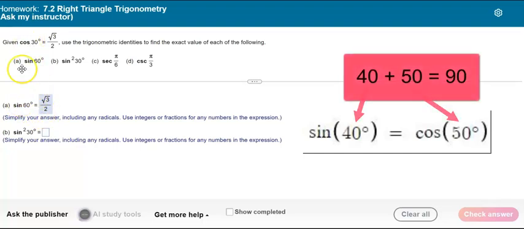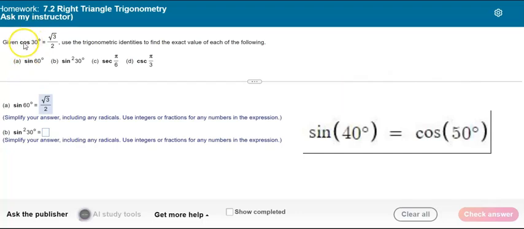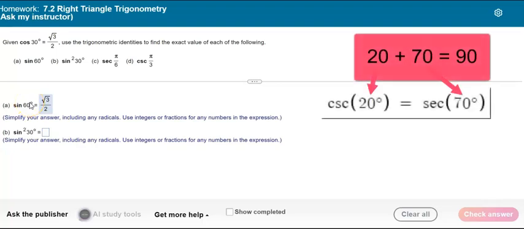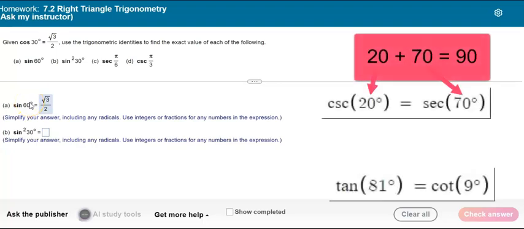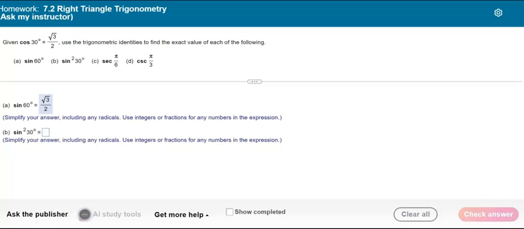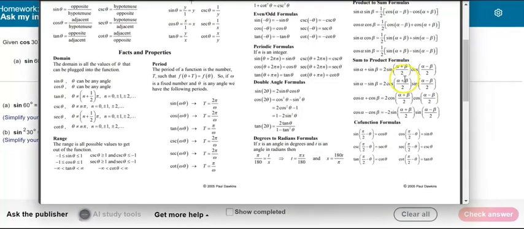So sine, cosine, one of them has the co, the other one doesn't, and then the two numbers add up to 90. That would be the same as secant and cosecant, tangent, cotangent. Those are cofunctions, and they have that property that you get the same output if the inputs sum to 90 degrees or pi over 2 radians. What we see in that trig cheat sheet, pi over 2 is the same thing as 90 degrees, but this is the radian version of those formulas.